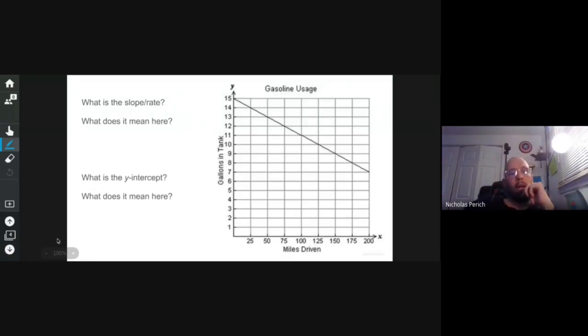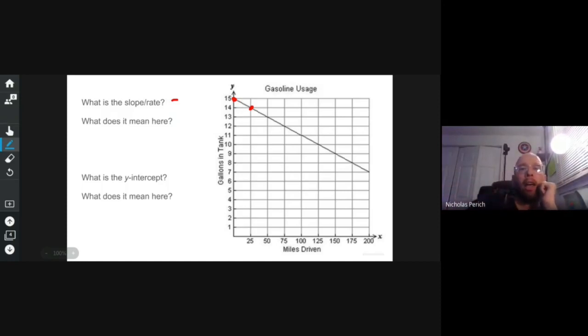Okay. All right. What is the slope slash rate? Well, let's pick 2 points. That point and that point. It's a negative slope, so I'm going to put a negative there. I go down 1 block, and since the y-axis marks are 1, 2, 3, 4, 5, 6, 7, I'm actually going to go down 1.